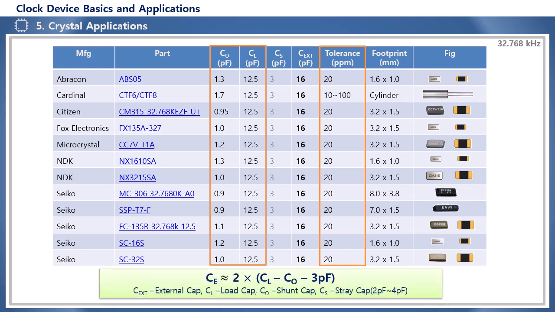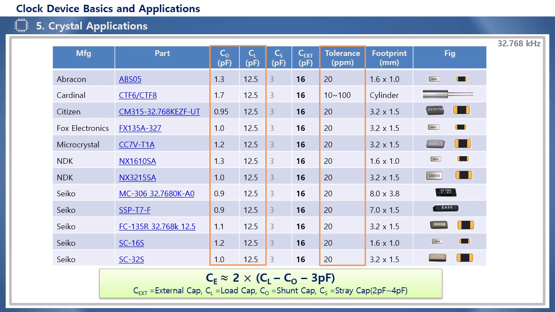Stray capacitors are parasitic capacitances caused by the pattern of the crystal pins, and have a value in the range of 2 to 4 picofarads depending on the pattern structure. Assuming it to be 3 picofarads, you can calculate the value of the external capacitor CE to be connected to both crystal terminals.